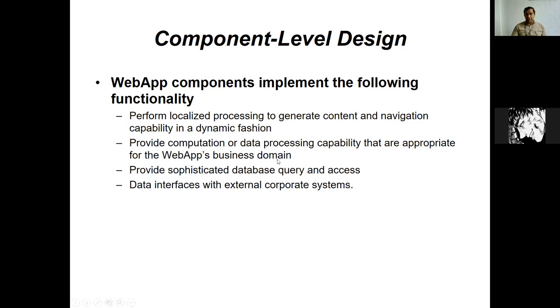Then you need to bring in the computation and data processing capability, the middleware architecture. This is the middleware content, the one responsible for performing some process over the data which has been input. Okay, and you need to consider the database, the backend part of it, also as a part of your component.